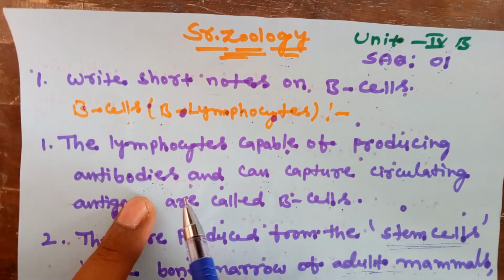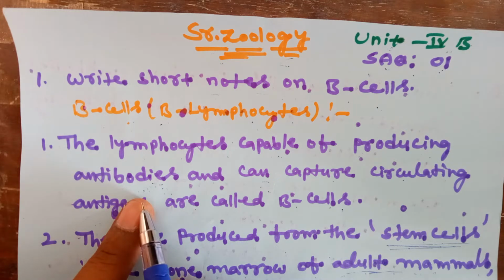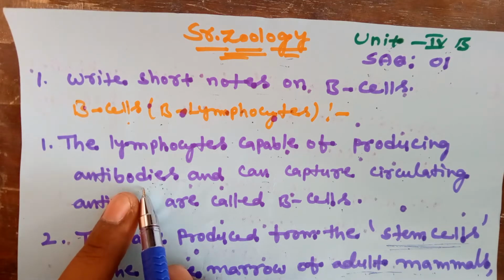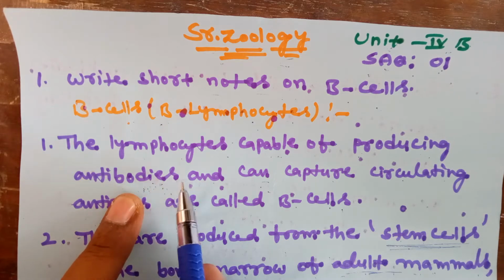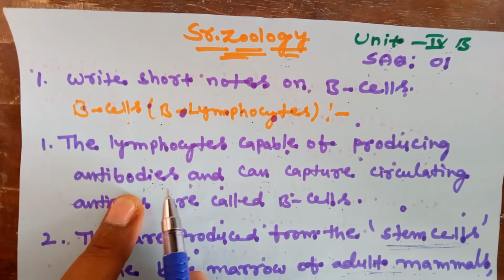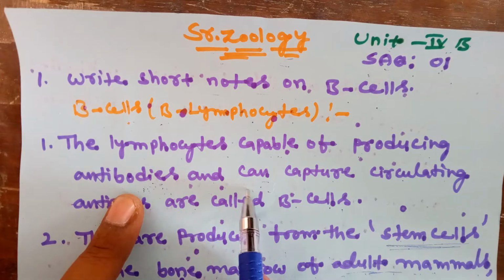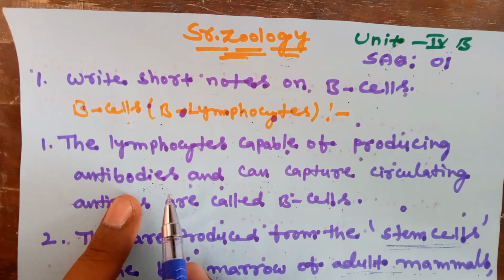But now our scientists have discovered the vaccine. When you take the vaccination, antibodies are developed artificially. These antibodies have a lifespan of 6 months, 1 year, 5 years, or lifelong, so there are different lifespans.